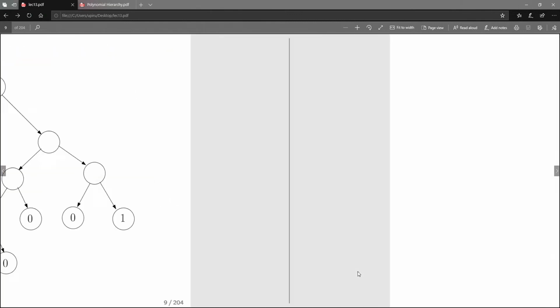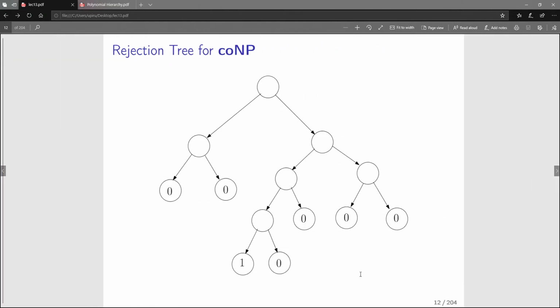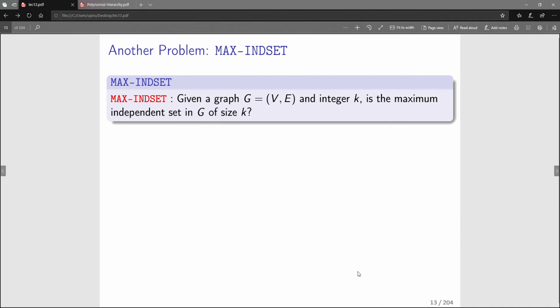Now, if I give a slightly modified version of this problem, which is maximal independent set, the word should be maximal instead of maximum because you can have different subsets of vertices which give the same independent set number.